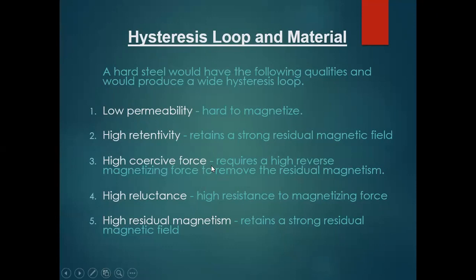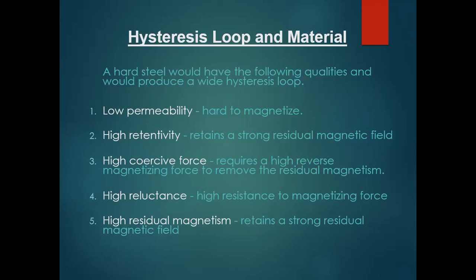To remove that field we need more reverse magnetizing force, known as high coercive force. Then high reluctance, meaning high resistance to magnetizing force, and high residual magnetism. Now see here carefully.